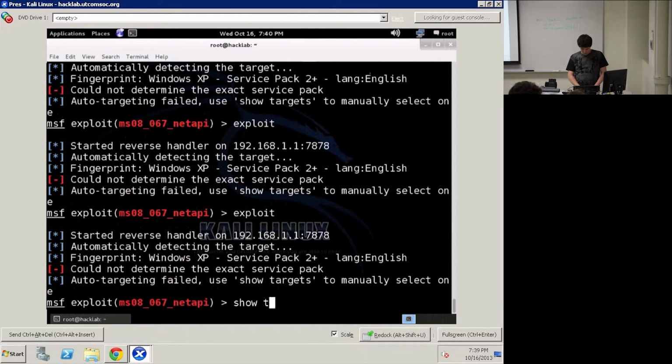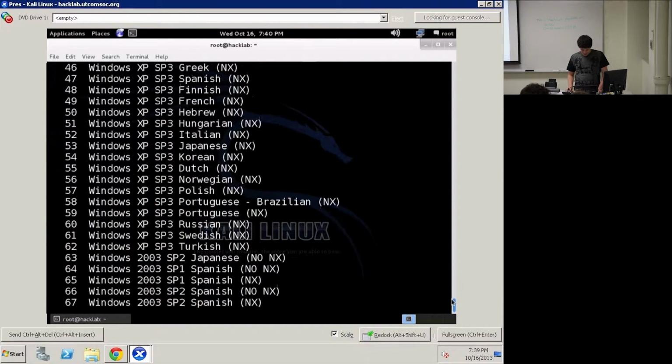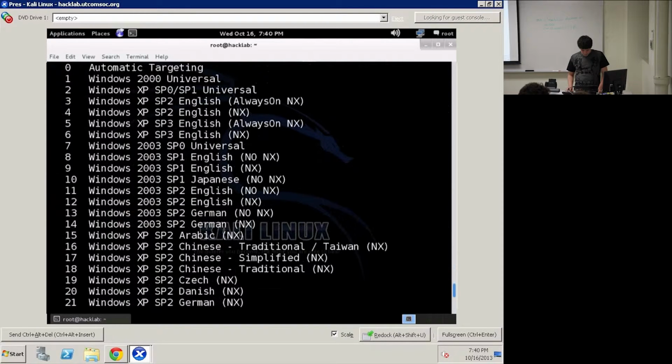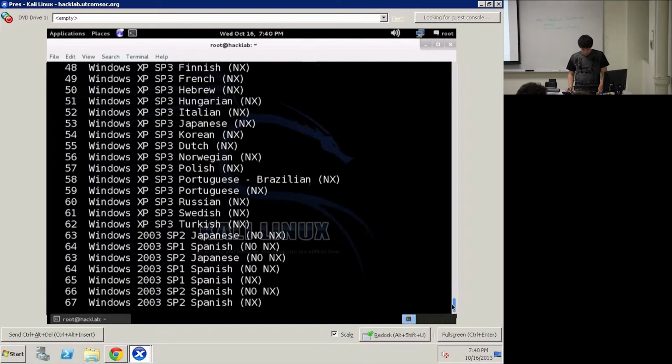Show the target. Service. Which service is it? I know it's Windows XP Service Pack. I think it crashed like a bunch of services.